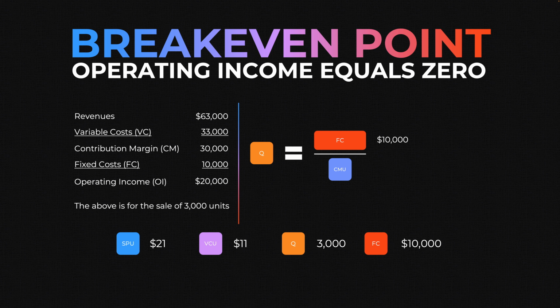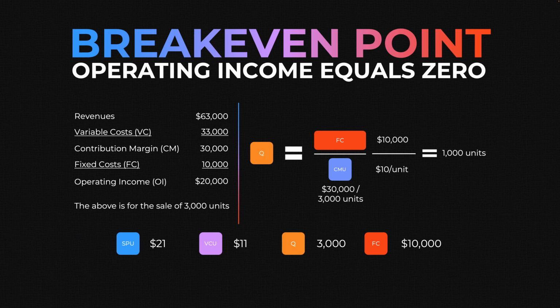Divide that by the contribution margin per unit, which is $30,000 divided by 3,000 units, or $10 a unit. Another way to calculate that, we could take $21 a unit, subtract $11 a unit, and that would also equal $10 a unit. $10,000 divided by $10 equals 1,000 units.